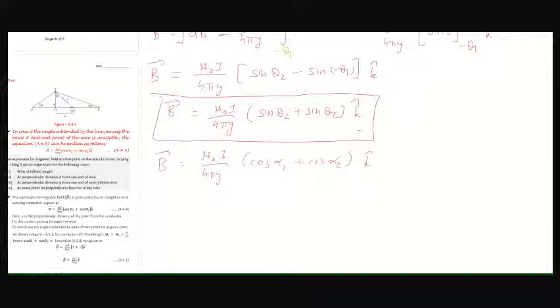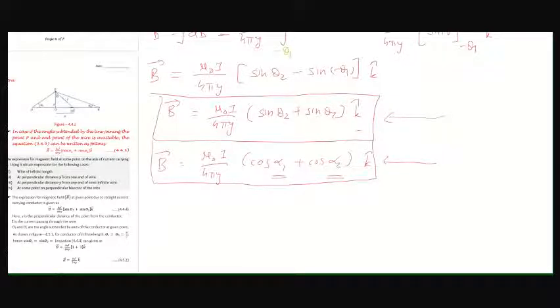Both these are possible forms. Whichever formula you are comfortable with, you can use. This formula is for when you are given the angle at the point of interest subtended by the ends of the wire, and this formula is for when the angles at the end points of the wire are available.